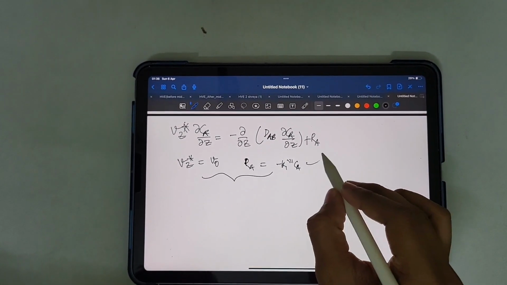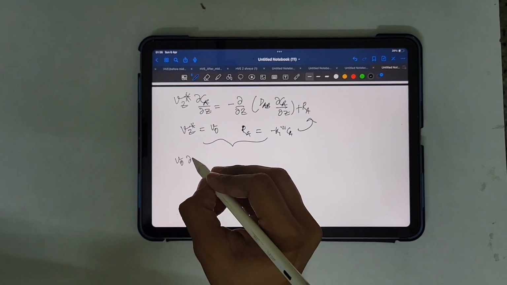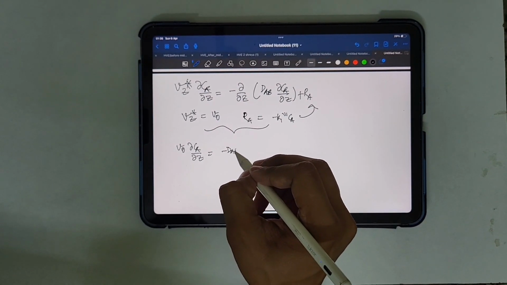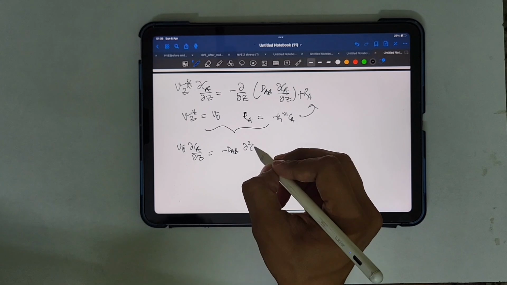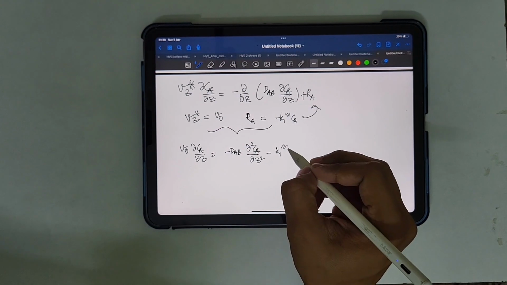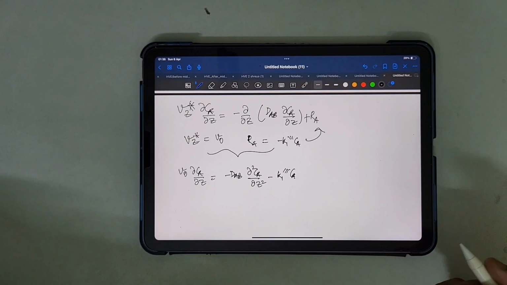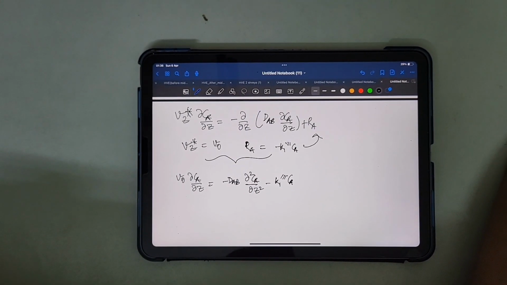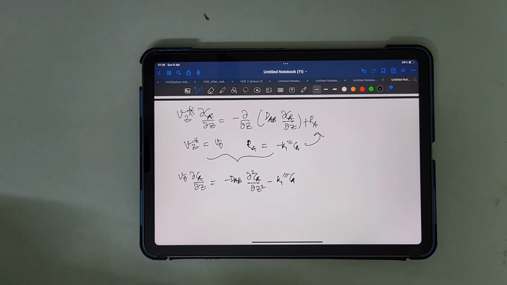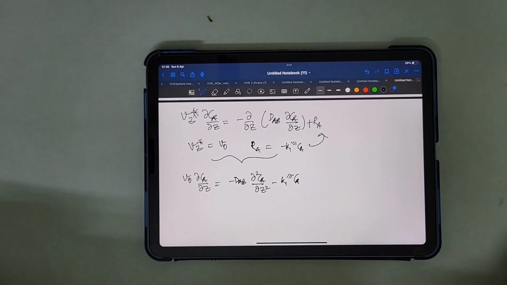Substituting these in the above equation, we get V0 times ∂CA/∂Z is equal to minus DAB times ∂²CA/∂Z² minus K1 triple prime CA. We have the boundary conditions as at Z equal to 0, we have CA as initial concentration CA0, and at Z equal to infinity, the concentration of A becomes 0.